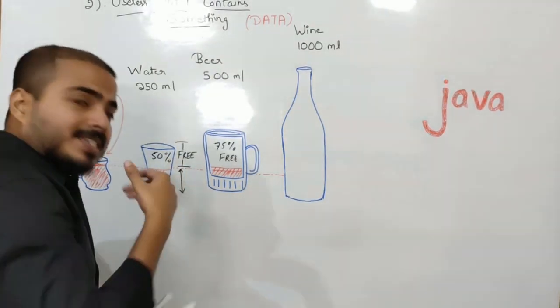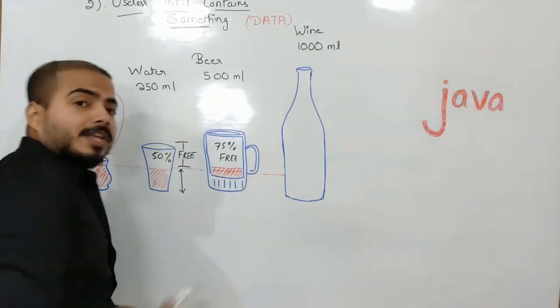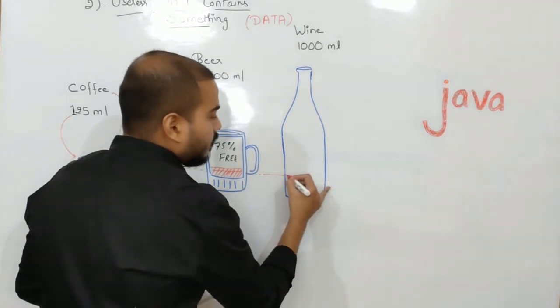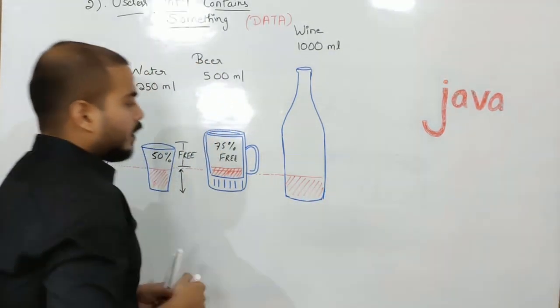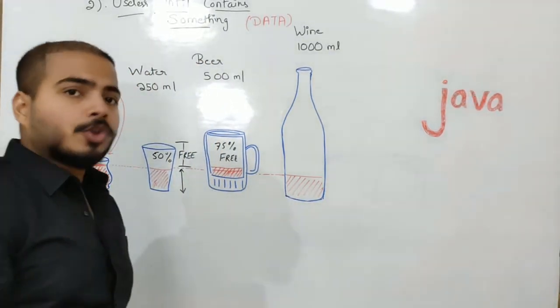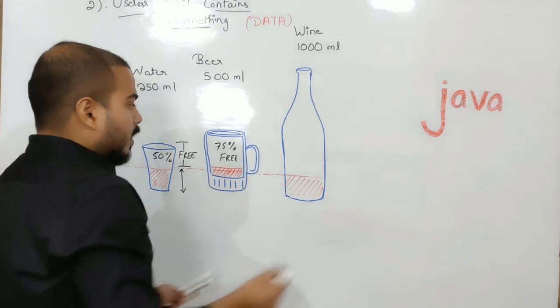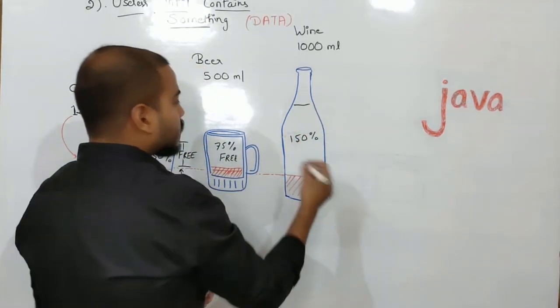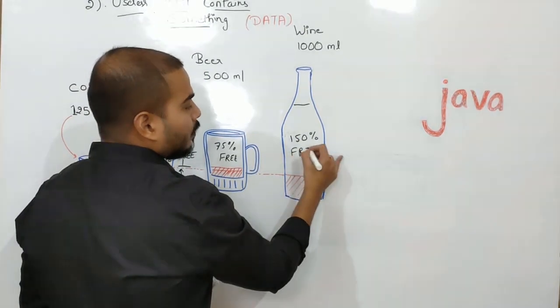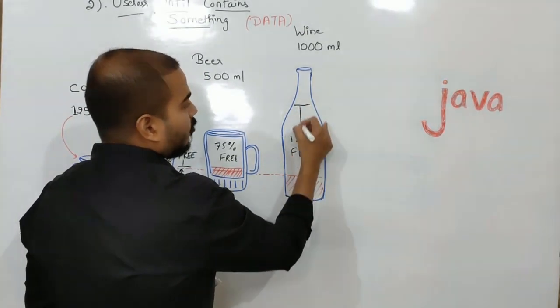Now, if you try to do the same with the container of the highest capacity, only this particular area is occupied by the coffee, whereas most of the container remains free.